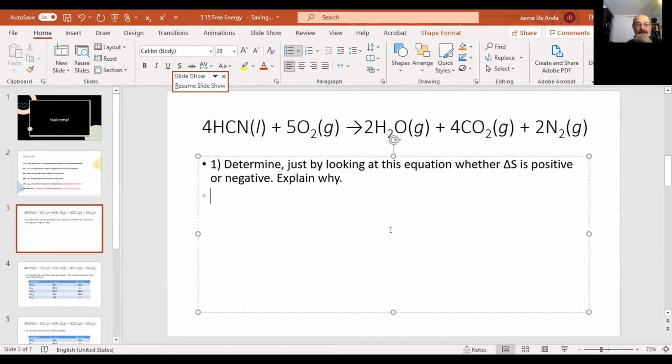How do you answer that? What do you look at? Are we looking at the moles on the product and reactant side? Moles of what, specifically?